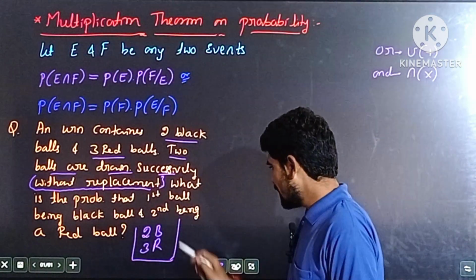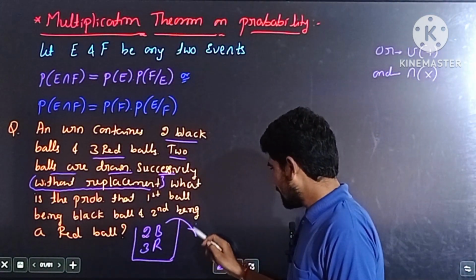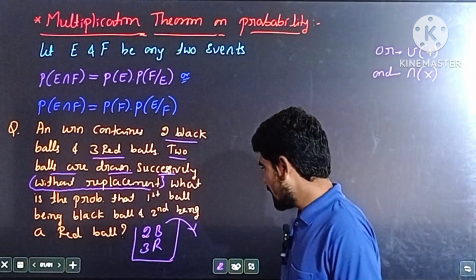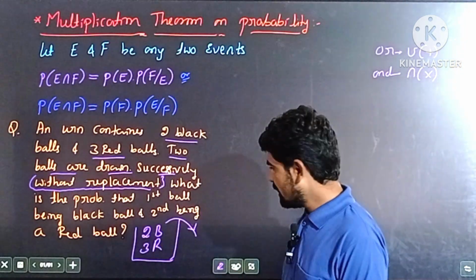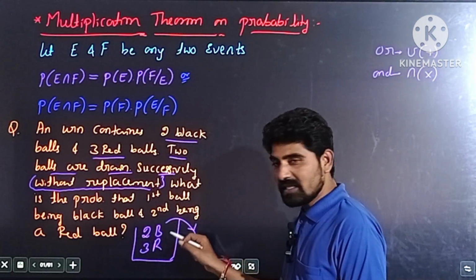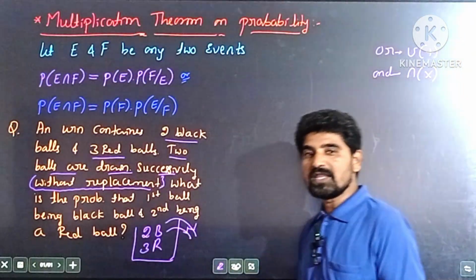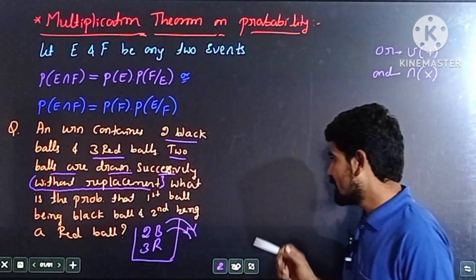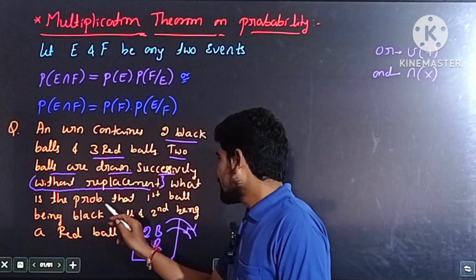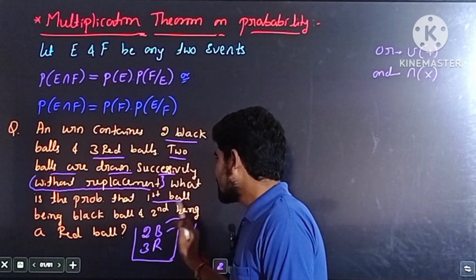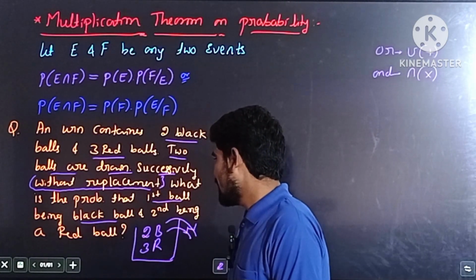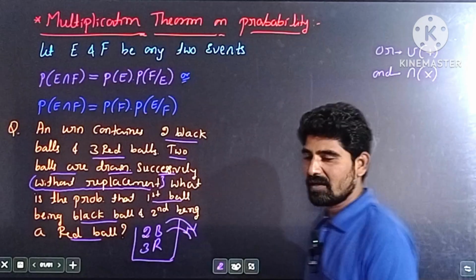Replacement means one ball is drawn and we note down its color, and then without replacing this first ball we need to take the second ball. So this is what without replacement manner is. And the question is what is the probability that the first ball is black and the second is a red ball.